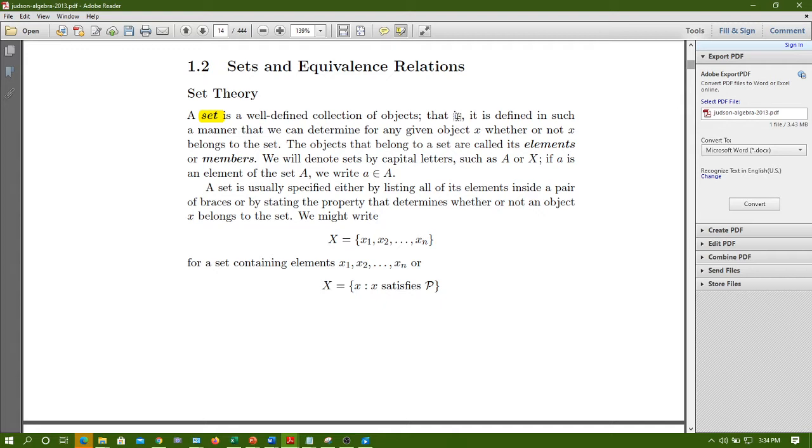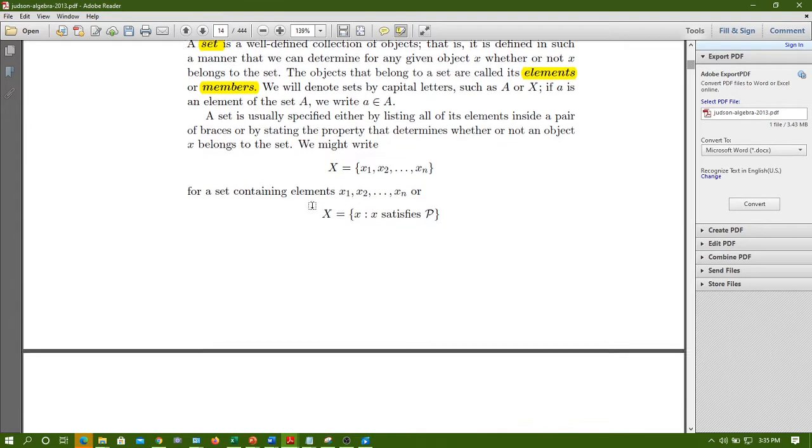When we say well-defined, we know there is a certain object that really belongs to that set. We call elements or members those things or objects that belong to the set.